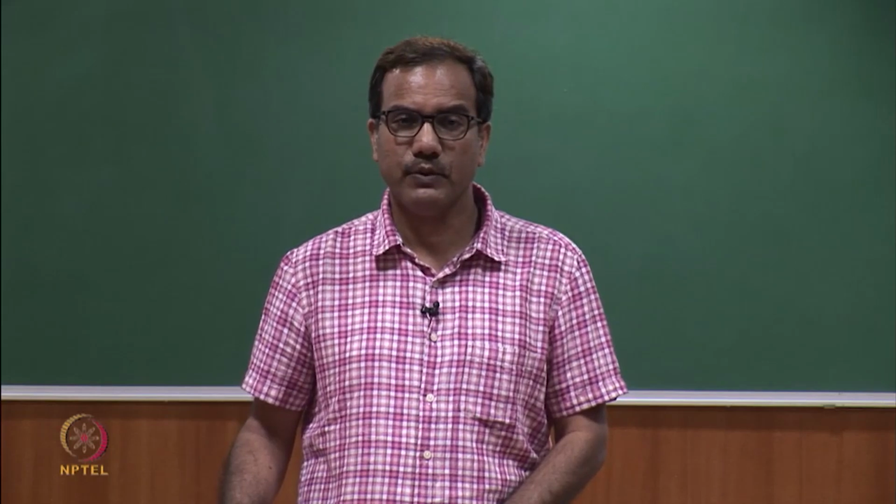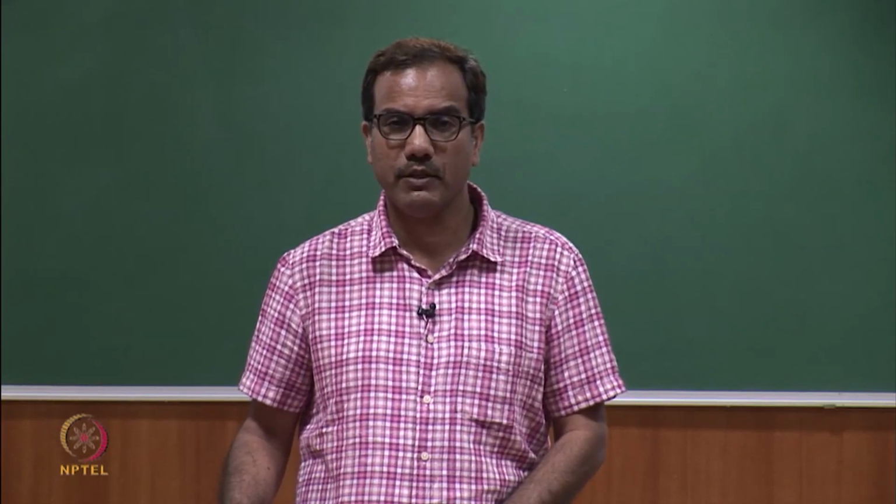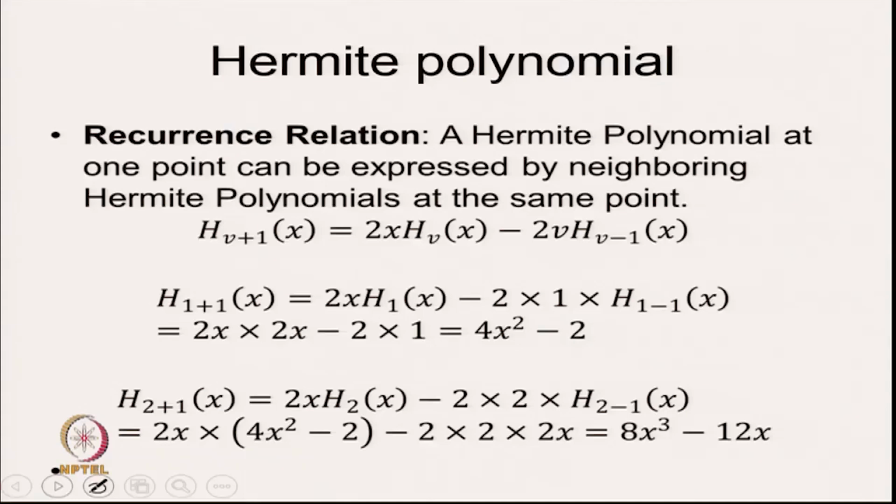For example, if you know the Hermite polynomial for V and for V minus 1, then you can get the Hermite polynomial for the V plus 1 level, and the equation is here. The Hermite polynomial for level V plus 1 is given by 2x into the Hermite polynomial for level V, minus 2V times the Hermite polynomial for level V minus 1.